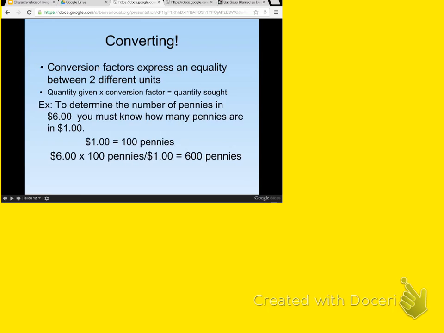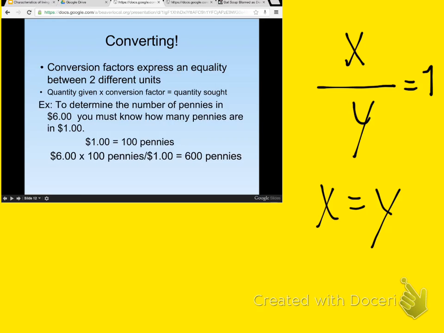You're still going to have whatever it is that you were given. All a conversion factor is, it's something where the thing on top is equal to the thing on bottom. That's all it is, at its most simple. If the two things are equal to one another, guess what this really is? It's 1.